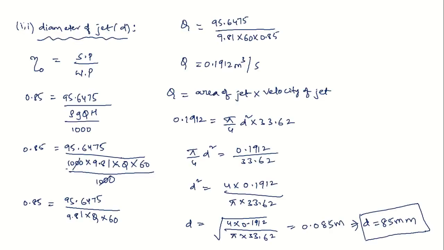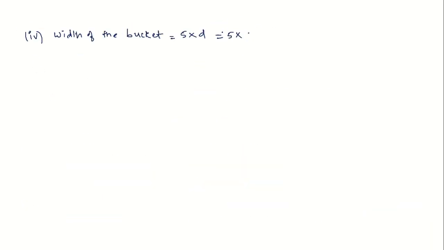Now let's go for the next one, which is calculation of width of the bucket and also depth of the bucket. So width of the bucket is given by the formula, which we already discussed in points to be remembered. It is 5 into diameter of the jet. If you want to write in mm, directly substitute 85, or if you want in meters, substitute 0.085.